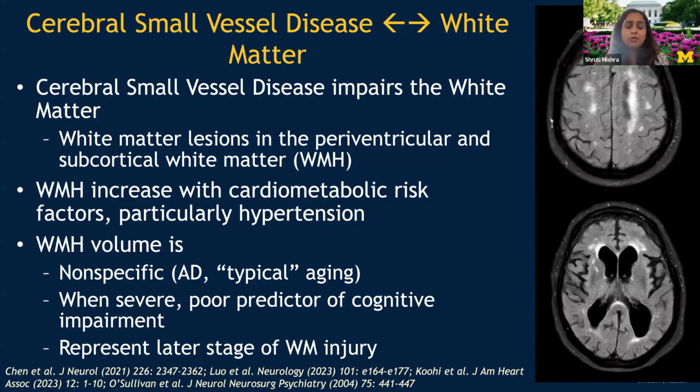But we know that overall these white matter hyperintensities are non-specific. So we know, for example, from the DIAN cohort that they also increase in Alzheimer's disease. We know that they also increase with aging, even in cognitively normal individuals. And when severe, they're a poor predictor of cognitive impairment and overall represent a later stage of white matter injury.